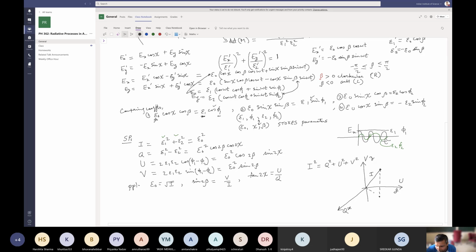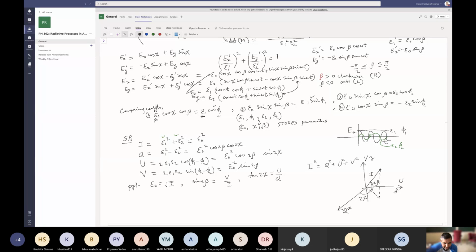So this angle is 2 chi. This is like your phi in spherical coordinates. This angle is like your latitude. Normally this is taken as theta, but here it is your 2 beta.